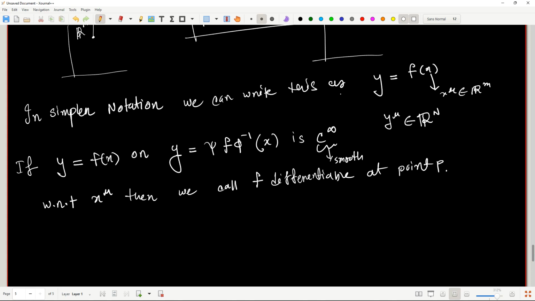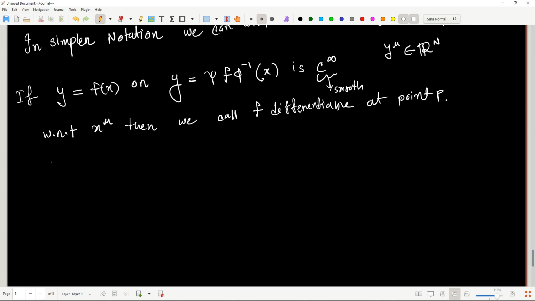And the comment I made a few seconds ago is that it is independent of the coordinate system, and that can be proved by showing that this differentiability of f is independent of the charts in the manifold N. You can also approach the problem in another way, by doing the following.